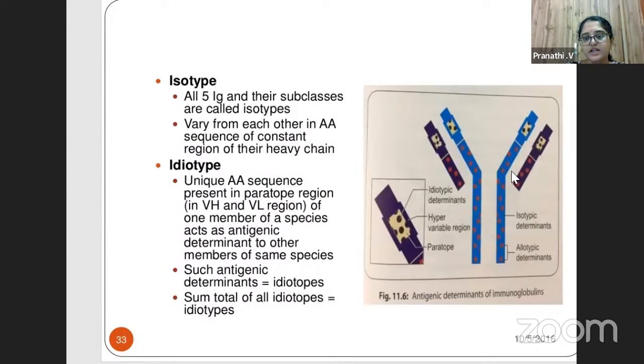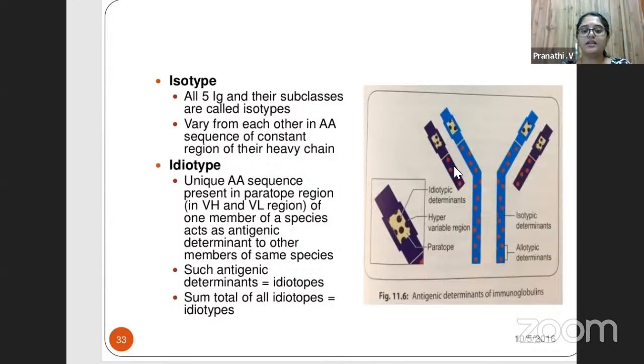See, this is the heavy chain, right? In this heavy chain they are going to change only in the amino acid sequences. All the 5 immunoglobulins have different types of heavy chains based on amino acids. They are known as isotypes. So only differences in the amino acids, and the constant region of the heavy chain will be changed.